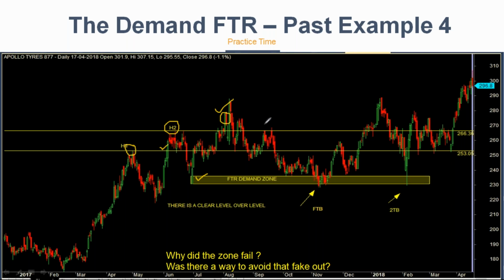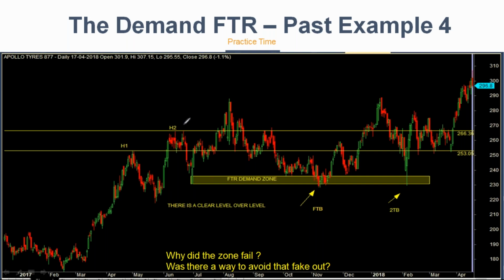Okay. Now, look at the base formation. Price came down from H2, formed a base, and gapped down and went up. Okay, which is my base now? What did I tell you guys in the beginning?